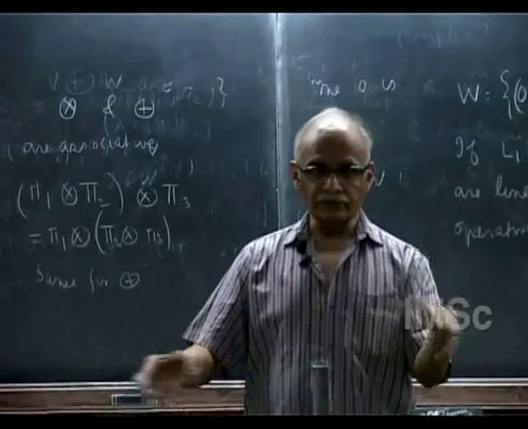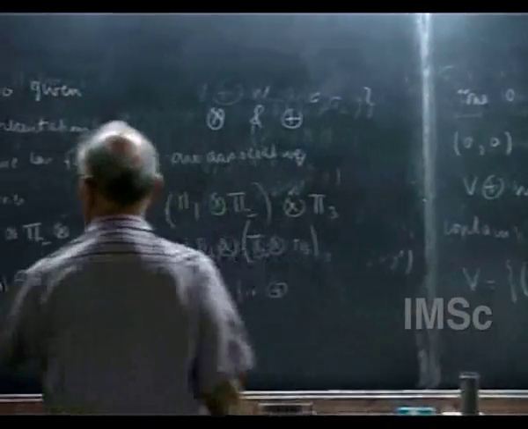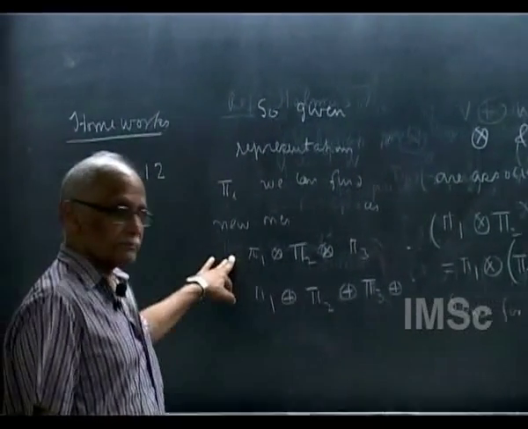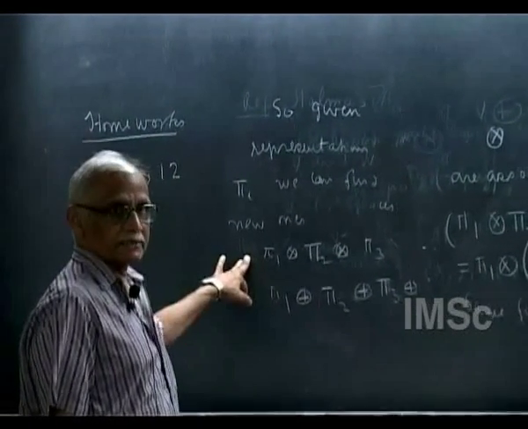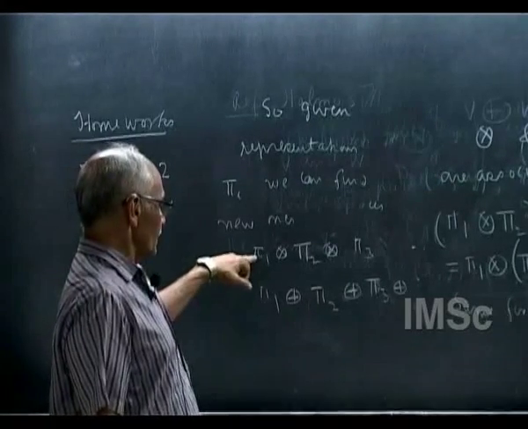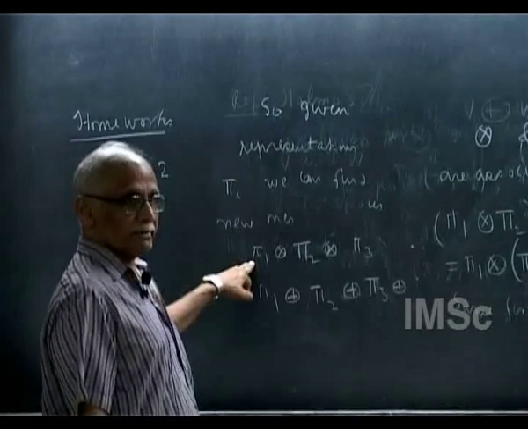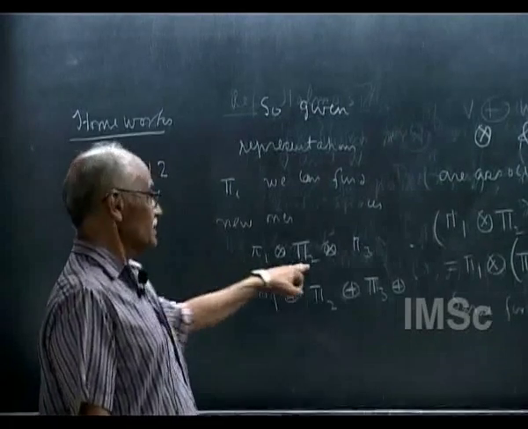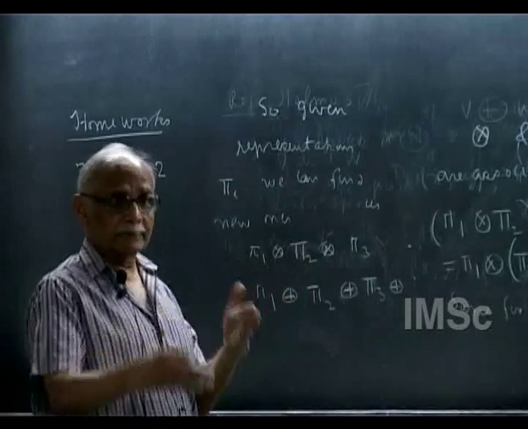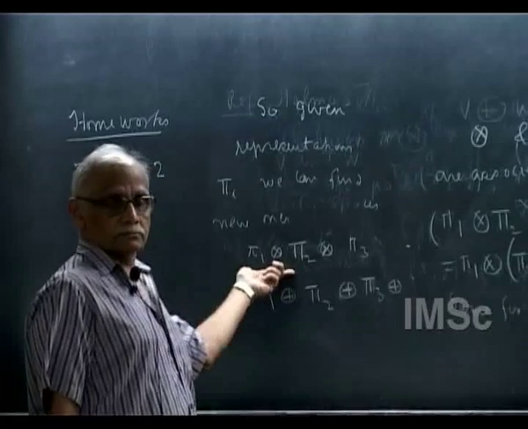So let me finish up by saying this kind of activity corresponds to multi-particle representations. That is, if I have one electron transformed by rotations and I have a proton transformed by rotations, how do they transform together? If I have an electron and a proton, you get this one.